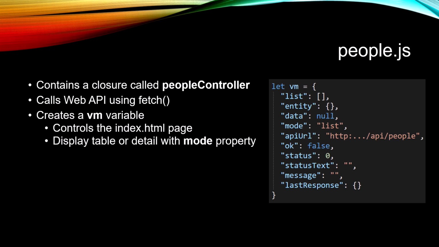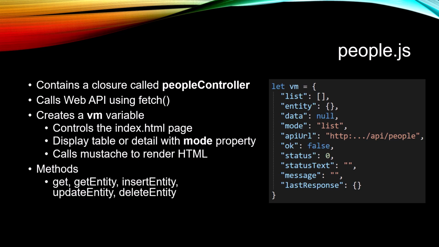It can display the table or detail with the mode property. So the mode property would be set to list or edit, for example, or add. It calls mustache to render the HTML. It has methods such as get entity, insert entity, update entity, and delete entity, as well as build list, that's the one that calls mustache, process response object, and things like that.